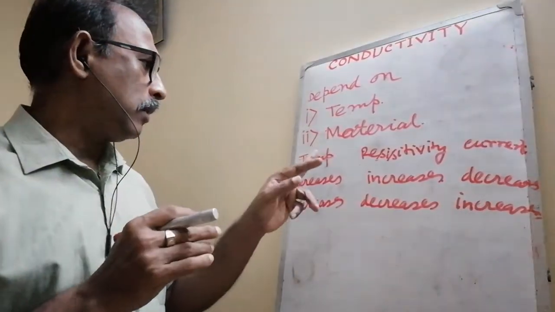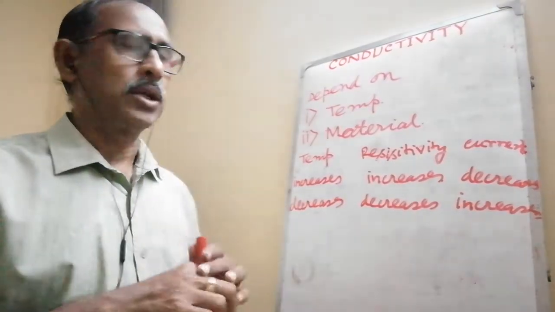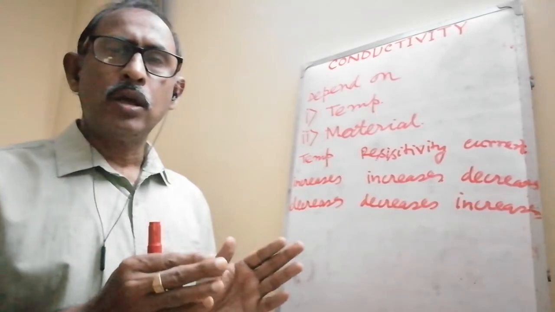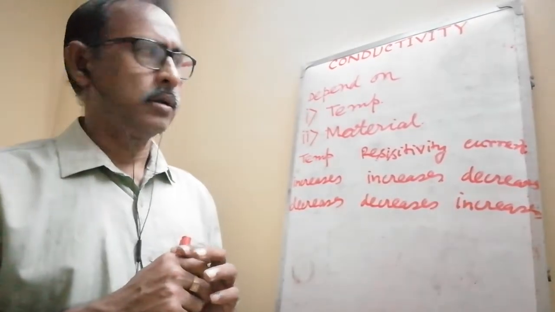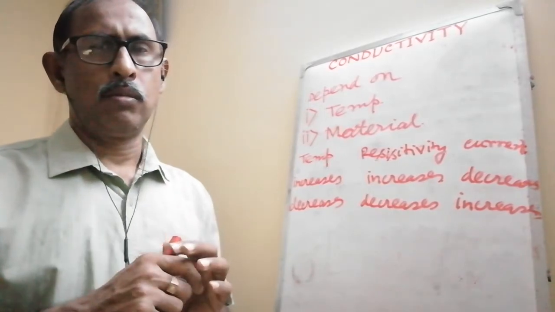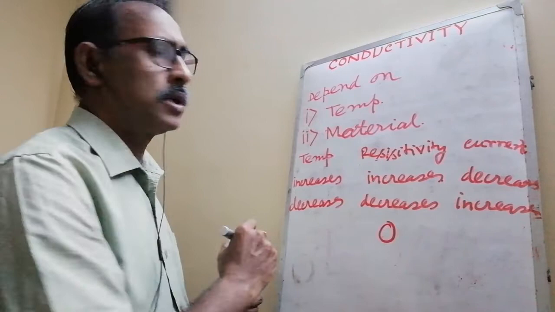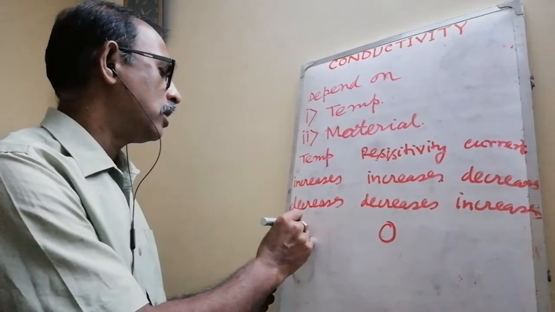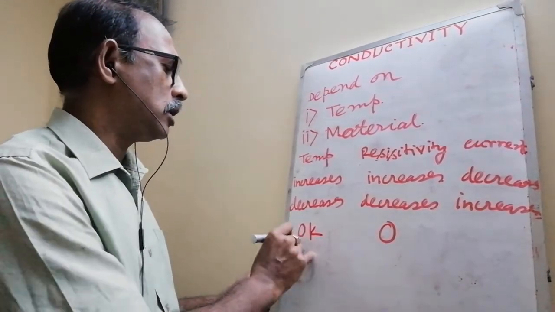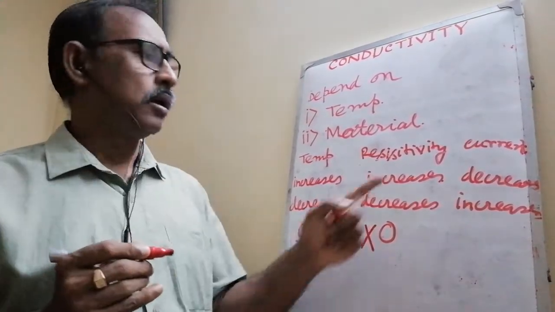If the temperature decreases, resistivity decreases, but at absolute zero temperature, resistivity does not become zero. That means resistivity does not become zero at 0 Kelvin.